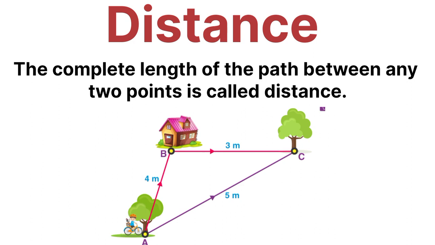Those points are nothing but the initial and final points. Okay, so distance is a length. It is the path traveled by a body while moving from an initial position to a final position. It means the complete length of the path between any two points is called a distance.